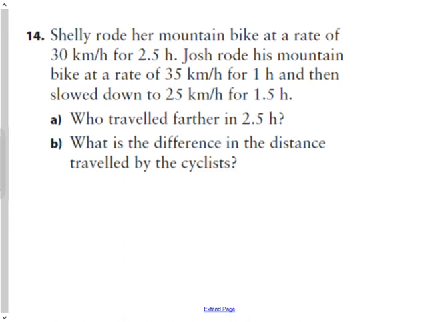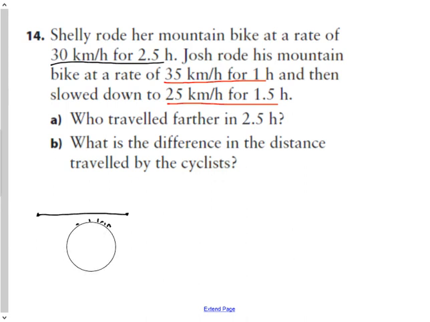So if we think about these two speeds, and I'll change the color here for a second. If Shelly rode 30 kilometers an hour for 2.5 hours, then if I just drew a picture here, Shelly starts here. The first hour, she went 30 kilometers.